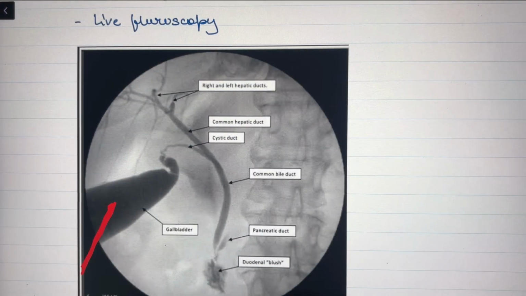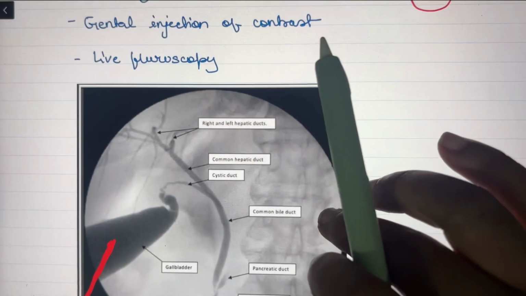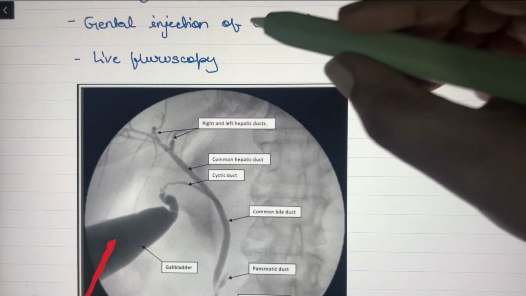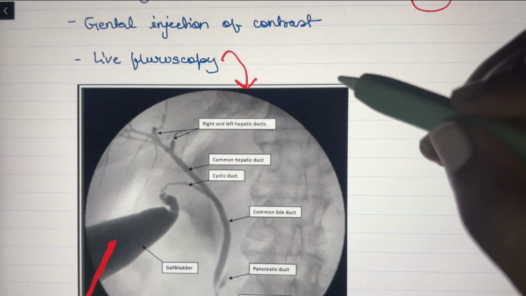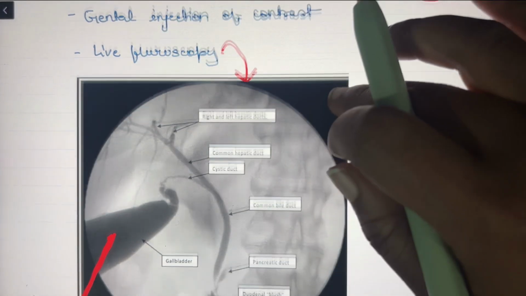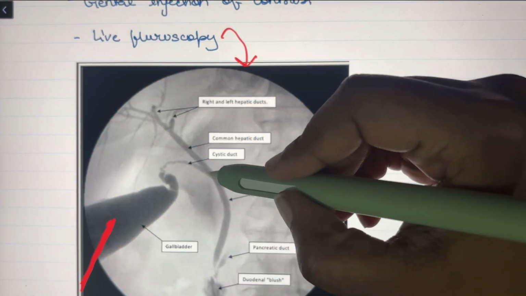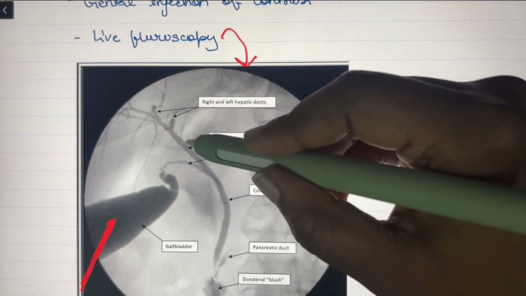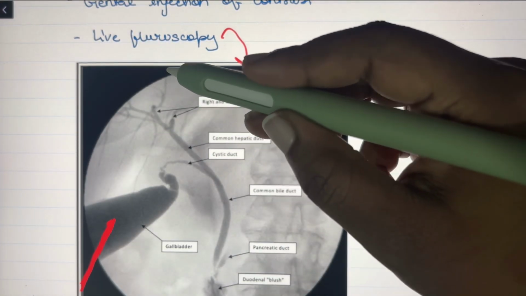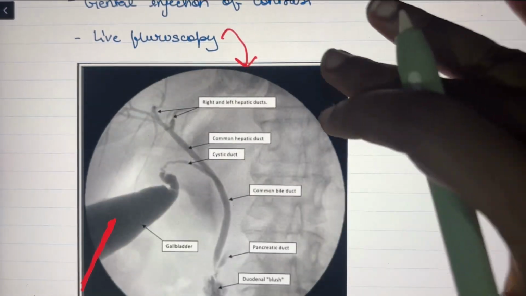And slowly we inject the dye inside the gallbladder. And after injecting the dye, we do a live fluoroscopy. While doing the live fluoroscopy, we can see whether the dye is going into the duodenum or not, or proximally whether the dye is going into the biliary tree or not. This is a normal cholangiogram.